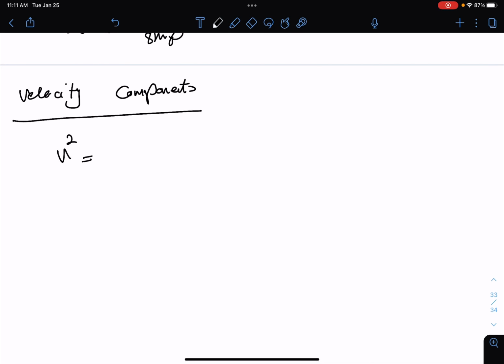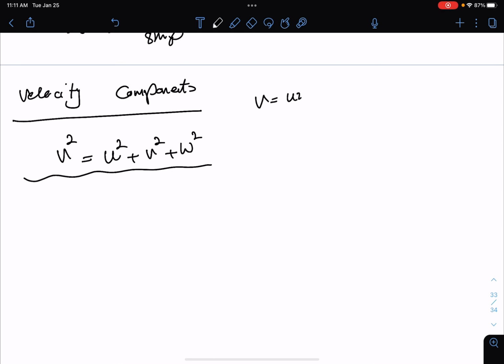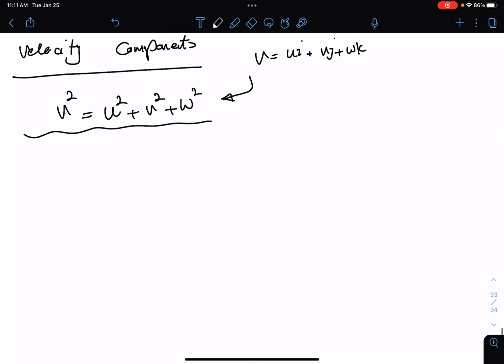Capital V is your velocity vector, which is equal to u i plus v j plus w k, right? If you want to find the magnitude, V squared equals u squared plus v squared plus w squared. But how can we find the components of it?